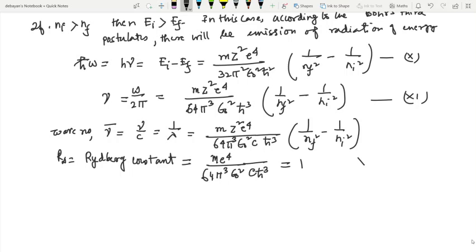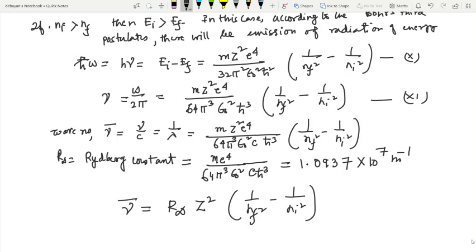So we can write the wave number as constant into z square into 1 by nf square minus 1 by ni square. And for hydrogen, what should we know? That the value of Z is equal to 1. Let's say the equation number is 13.